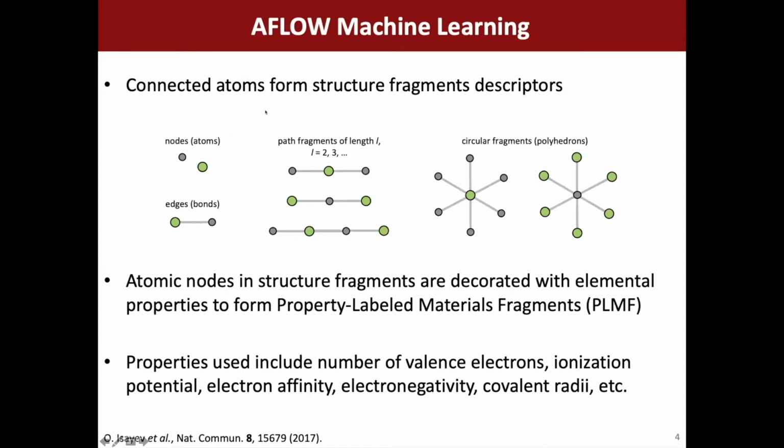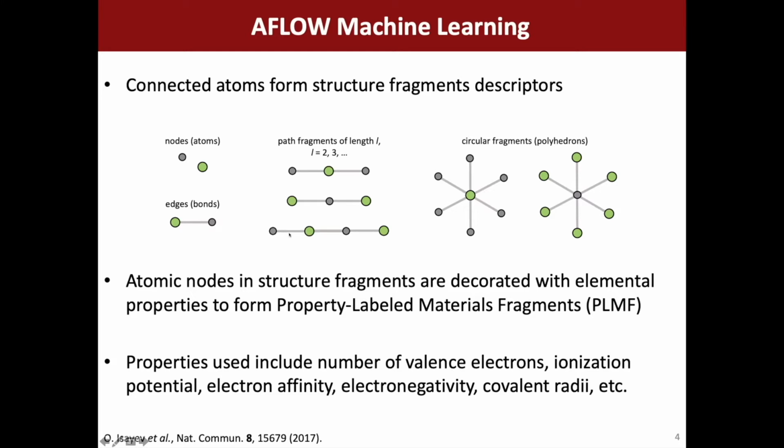Then from the different connections, we have what we call structure fragment descriptors. The individual atoms are the nodes in the graph, and the bonds are the edges in the graph. Then you have different path fragments, circular fragments, and so on, so different types of shapes of fragments. For these nodes, we then decorate them with the elemental properties of the corresponding element.